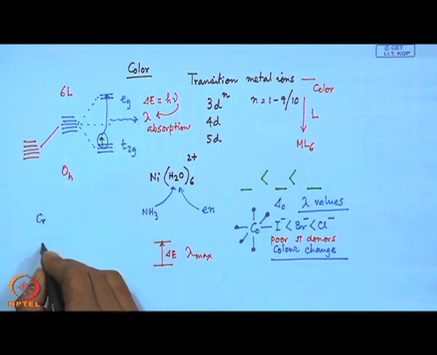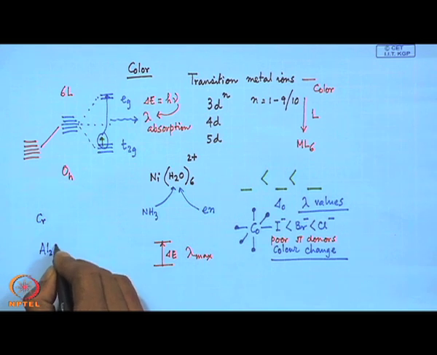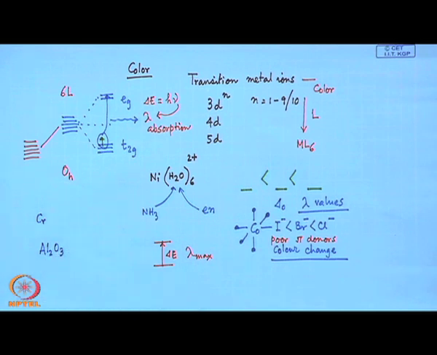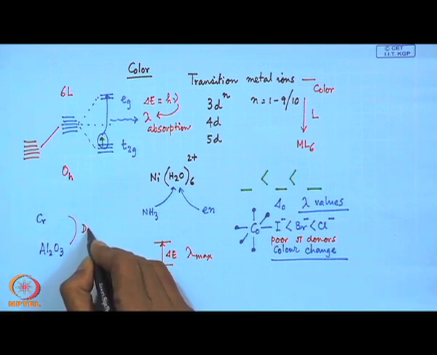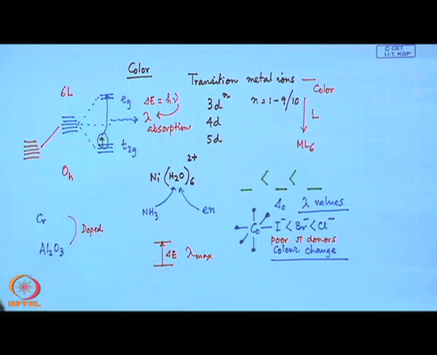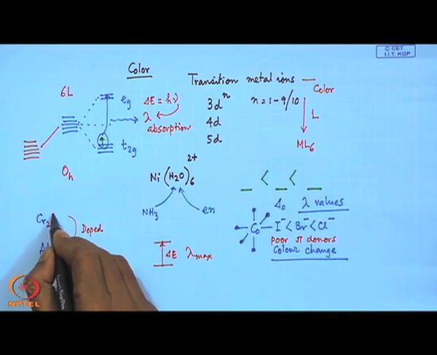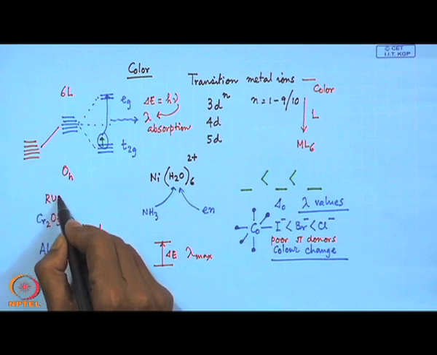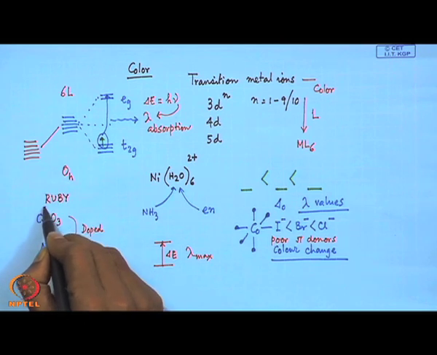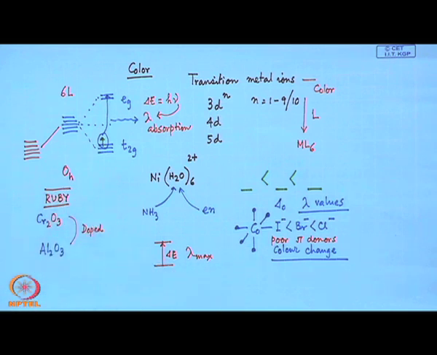So, we have chromium in the solid matrix of alumina, which is Al2O3. When the doping is taking place, and doping can also take place from Cr2O3, we get ruby, and that gives us the corresponding chromium crystal field, which is important. Why is this colored?